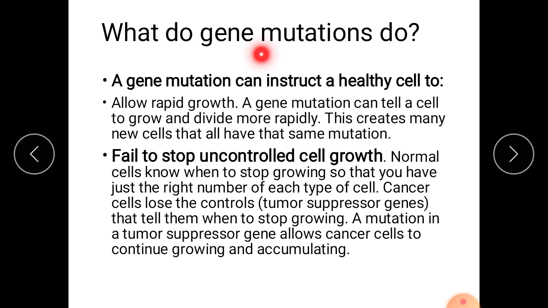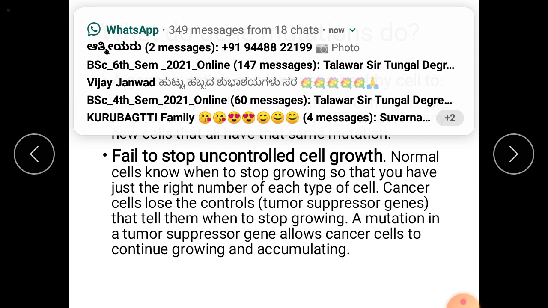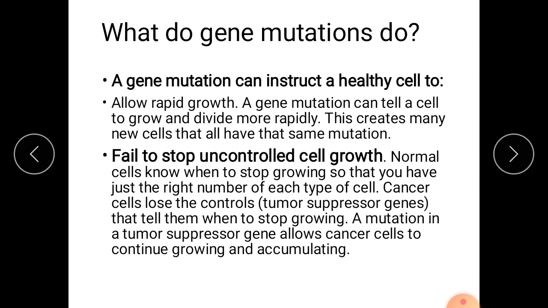So what do gene mutations do? A gene mutation can instruct a healthy cell to allow rapid growth. A gene mutation can tell a cell to grow and divide more rapidly.